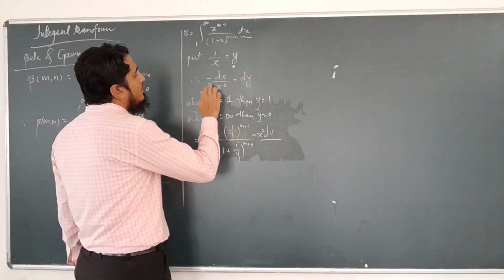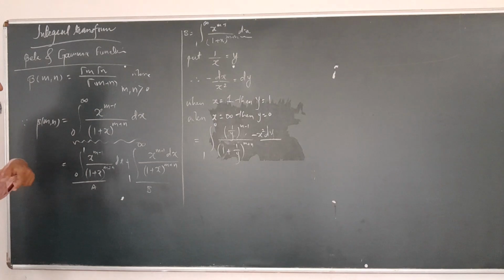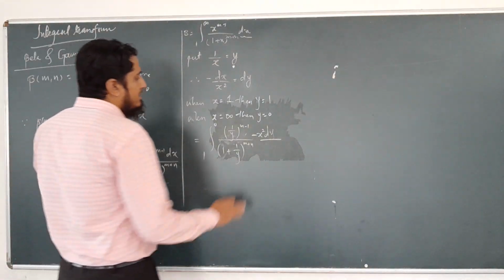Dx is equal to minus x square dy. Correct?